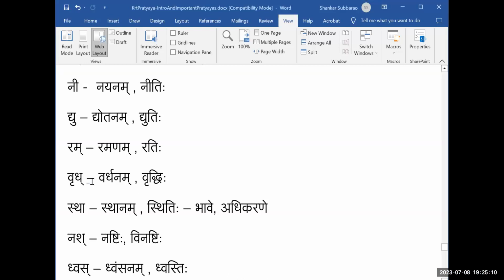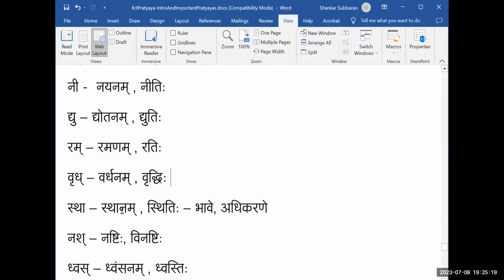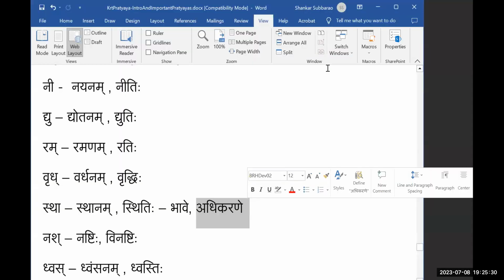Vridh dhatu, to grow. Vardhanam, vriddhi, growth. Stha, sthanam, sthitihi. Now I have given another word, adhikarane. Sthiyate asmin iti sthitihi. Sthiyate is what?